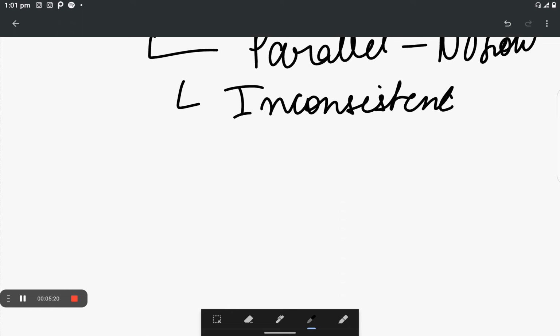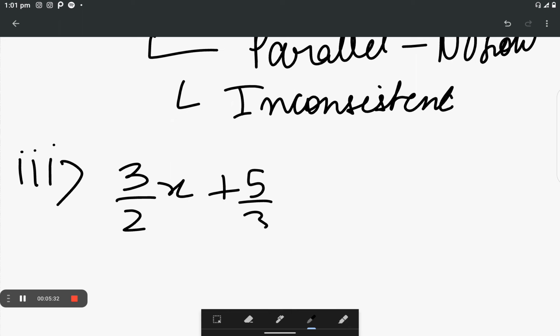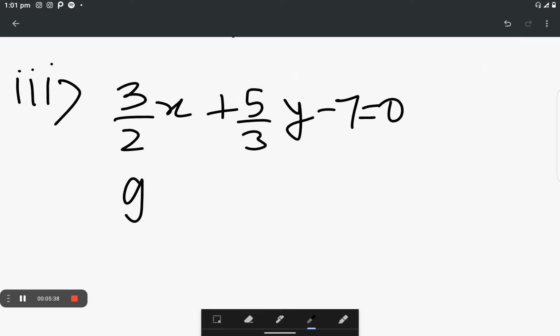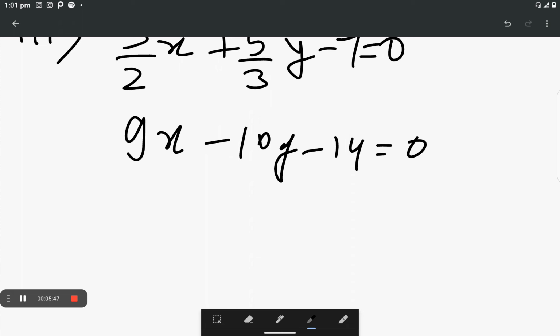Now the third part is 3 upon 2x plus 5 upon 3y minus 7 equals 0, and 9x minus 10y minus 14 equals 0. So A1 upon A2 is 3 upon 2 upon 9.